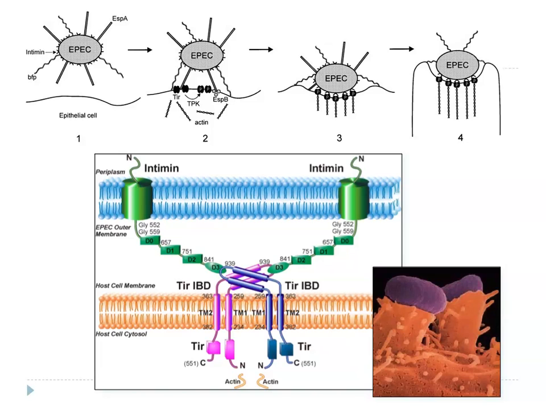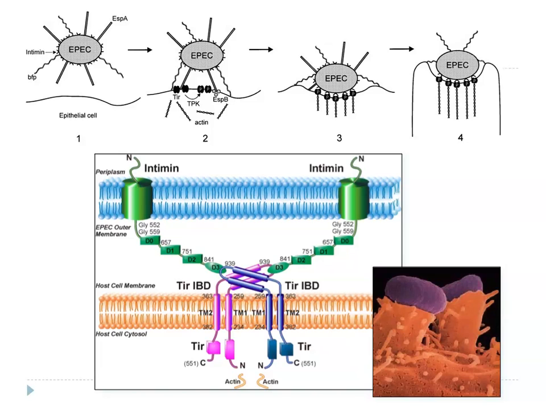Here are some figures from journal articles by Jim Kaper and others. The model was that you have EPEC here and an epithelial cell. It's got EspA, these bundle-forming pili as well, and intimin. Intimin, I didn't say, is actually encoded in the LEE, so it's not part of the secretion system or a target of the secretion system, but it's part of this whole get-up of how the cells come together.